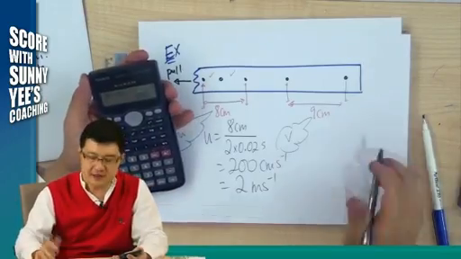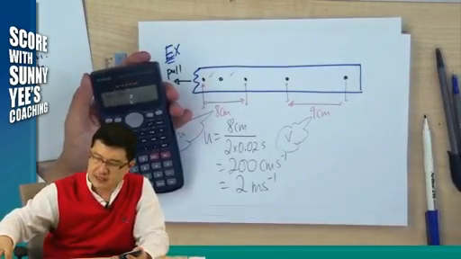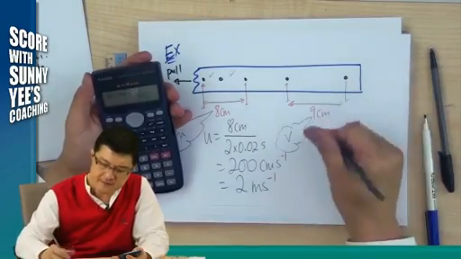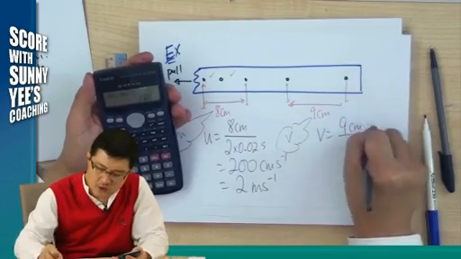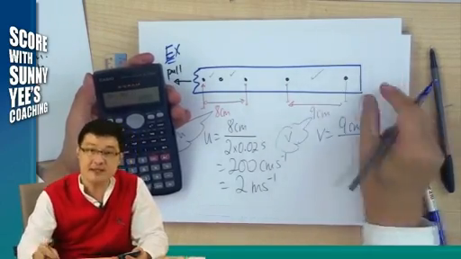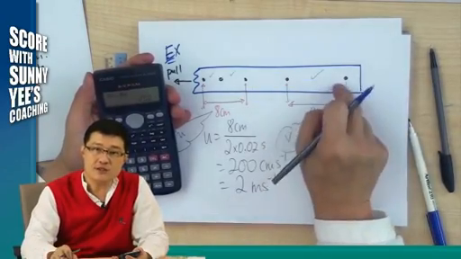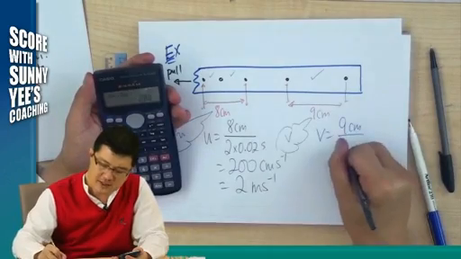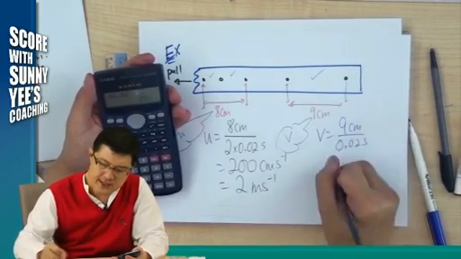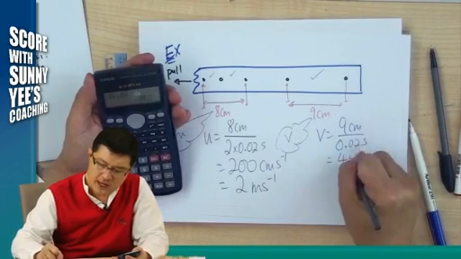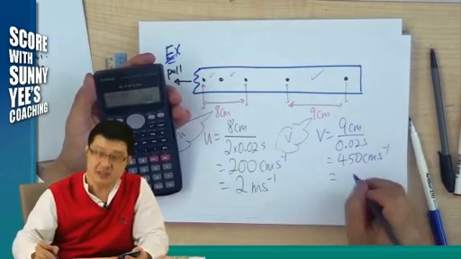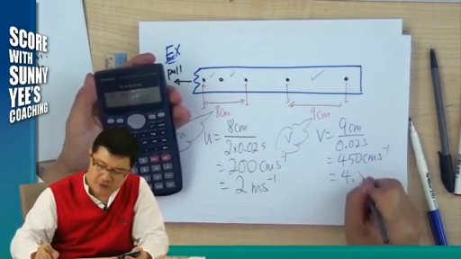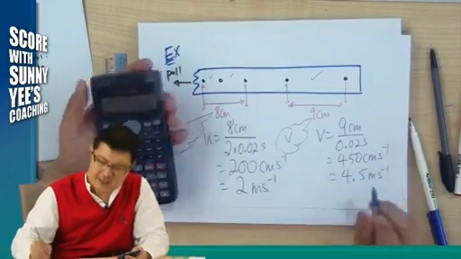And what is your V? Your V will be 9 centimeter over, this is only 1 spacing. The distance between 2 dots is called 1 tick. 1 tick is 0.02 second. So this is 450 centimeter per second. Change it to meter, this will be 4.5 meter per second.